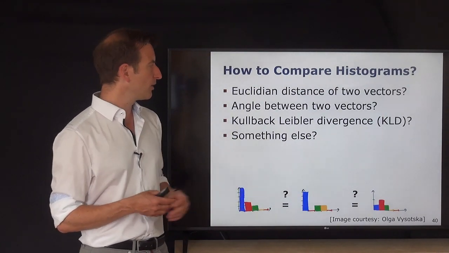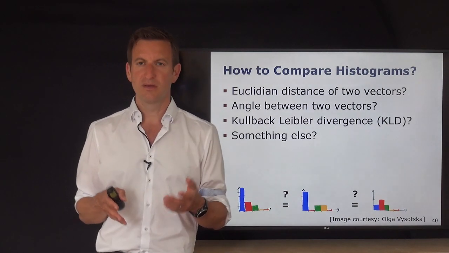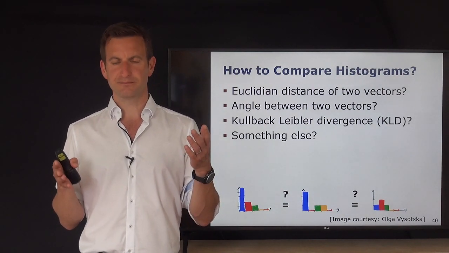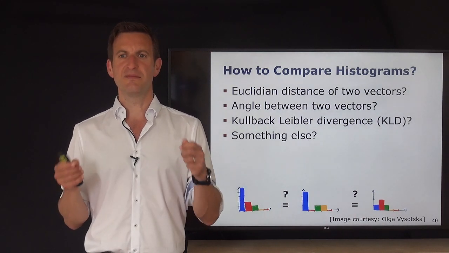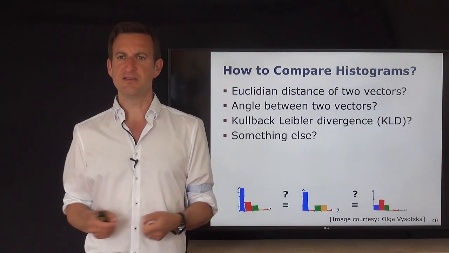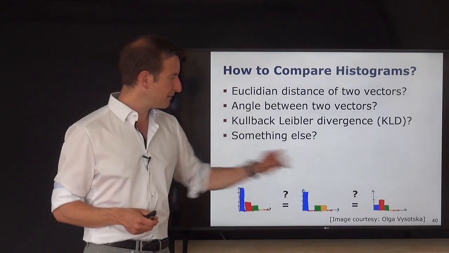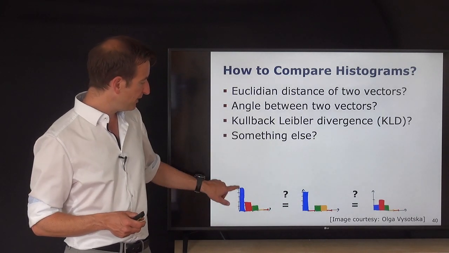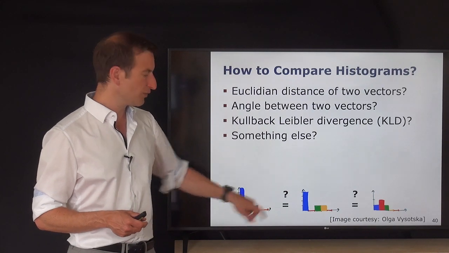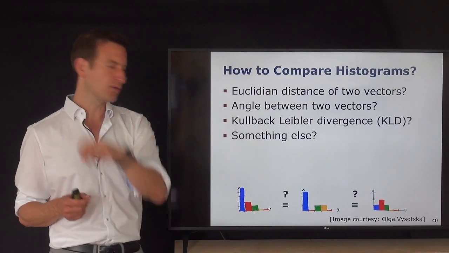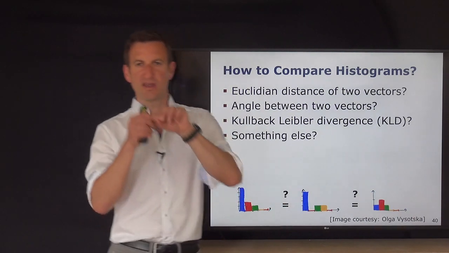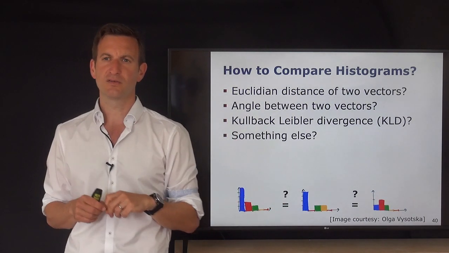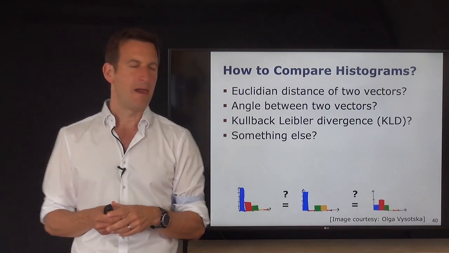And then we want to compute the distance between the histograms as the distance of the data points in a Euclidean space. So this would be a 5-dimensional space, and this would be 5, 2, 1, 0, 0. So I compare 5, 2, 1, 0, 0 to a data point 4, 0, 1, 1, 0. You just take the Euclidean distance between those 2 points. That would be the Euclidean distance.